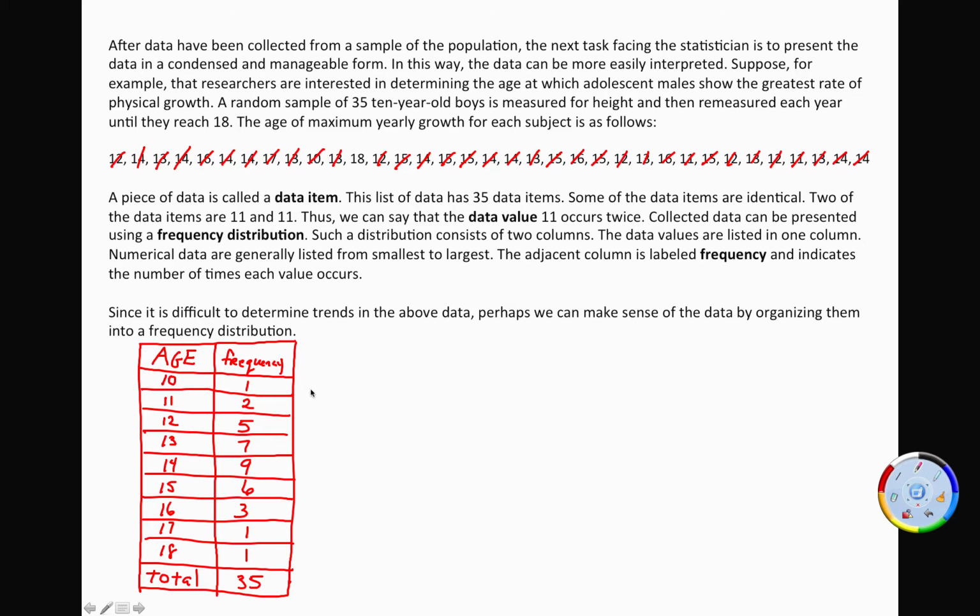And we can see that the trend indicates that the number of boys who attained their maximum growth at a given age increases until 14 and then decreases after that. Lots of things we can determine from the frequency distribution that we could not tell just from the list of data.